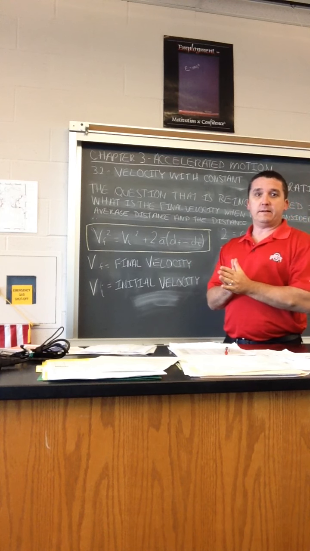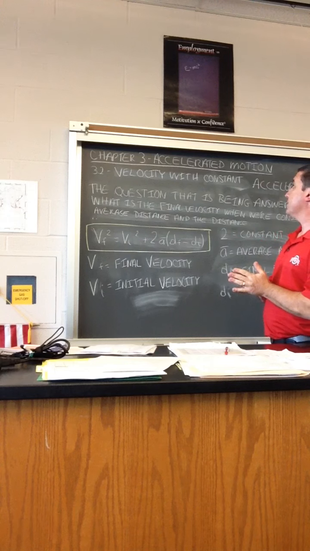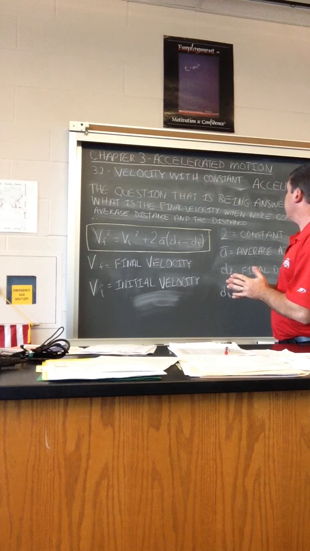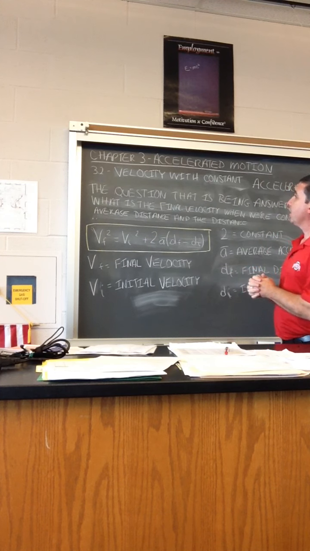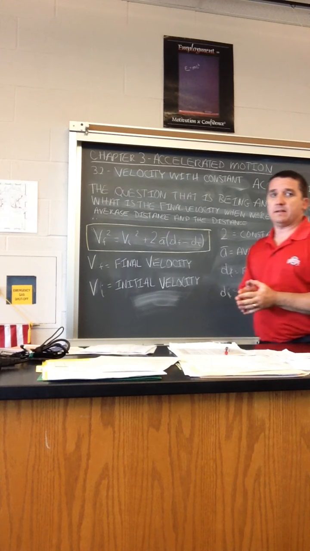This is the next lesson here in the acceleration chapter. We're still in section 2. This is velocity with constant acceleration. The question that we're trying to answer here is what is the final velocity when we're considering average acceleration and the distance.